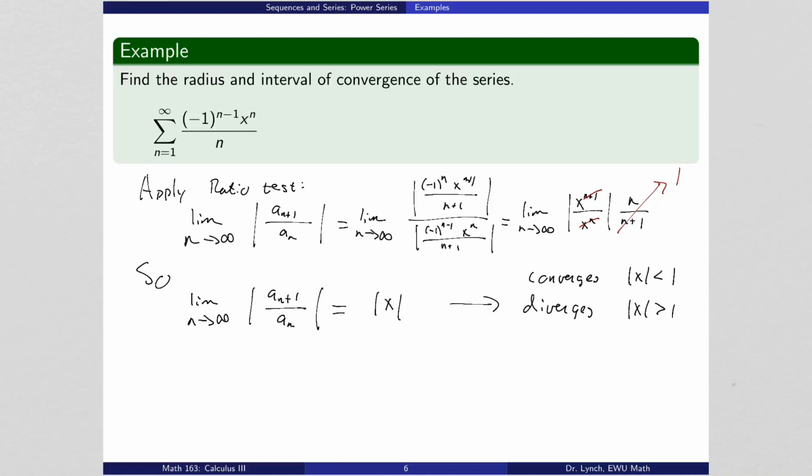This is a series, of course, that diverges when absolute value of x is greater than 1. It converges when absolute value of x is less than 1. So we can see that the radius of convergence r is equal to 1. Now what's left is to test the endpoints. So we'll test when absolute value of x is equal to 1, so at x equals plus or minus 1.